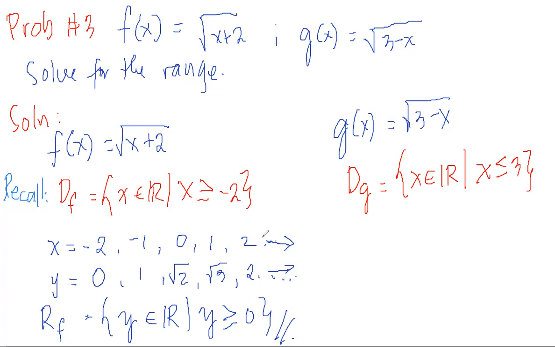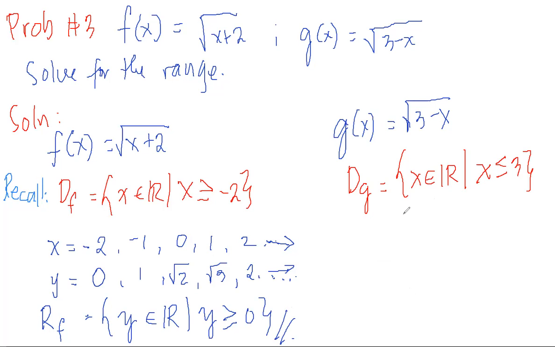And let's solve for the range of the function g of x, which is equal to the square root of 3 minus x. Let's recall again that the domain of g, as we solved in our previous video, is x is an element of real numbers where x is less than or equal to 3.